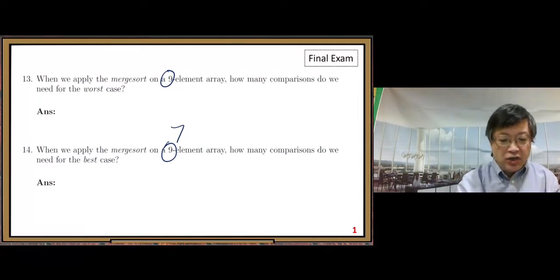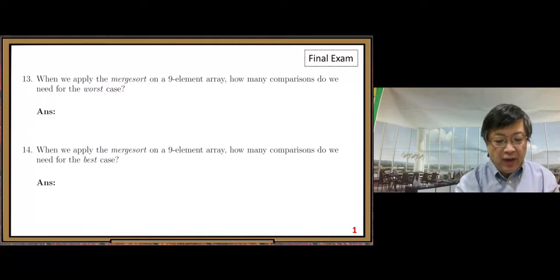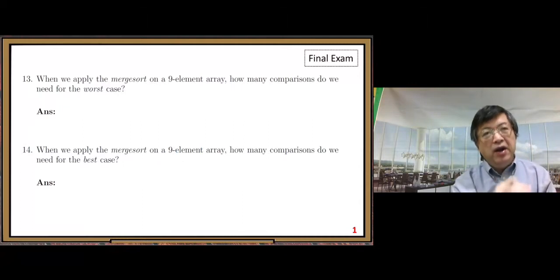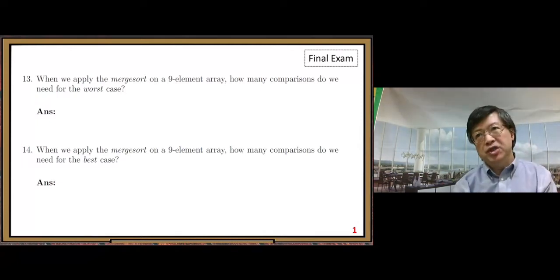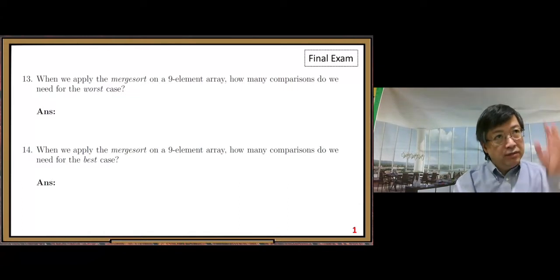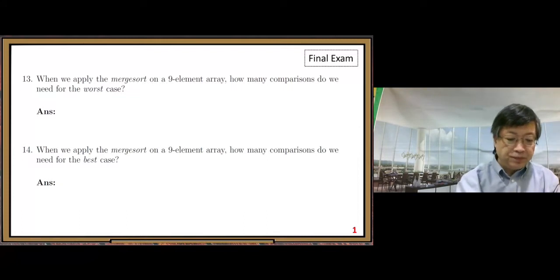So I just changed from 7 to 9. Here I use the 7 version because the 9 version I leave to you, so I do not want to solve it. You need to solve it by yourselves. So let me use the 7 version.